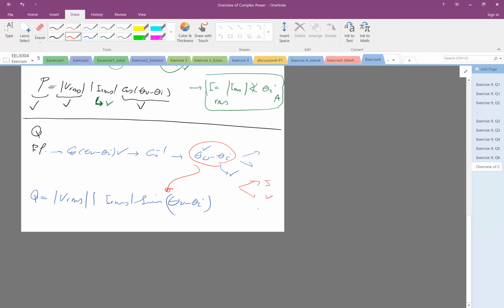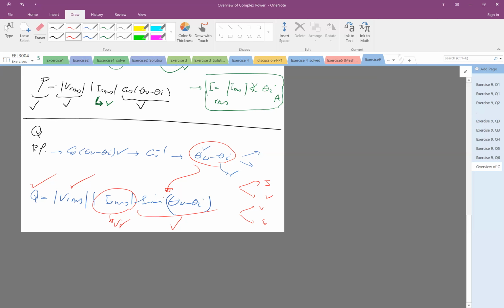Is I ahead or V ahead, because that makes a difference in this formula, whether it becomes positive or negative. Okay, so just be careful about that. But then Q is given, let's say magnitude of V is given, and you calculate that, and then you can find this easily, right?